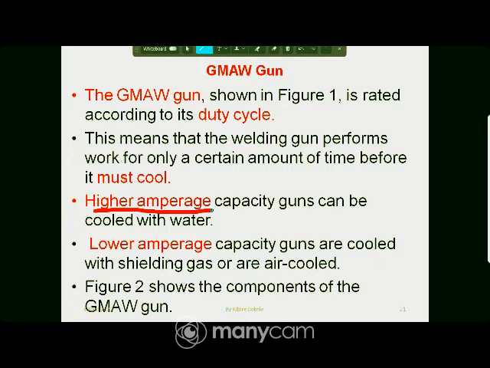There are two types of welding gun, high amperage and low amperage. The high amperage welding gun can be cooled by water, and the low amperage welding gun is cooled by gas, so we can say it is a gas cooled welding gun.